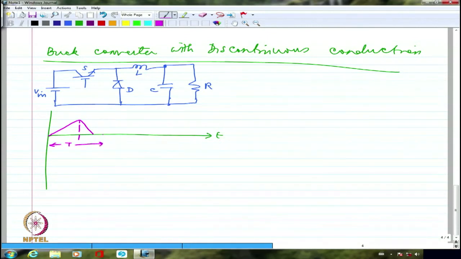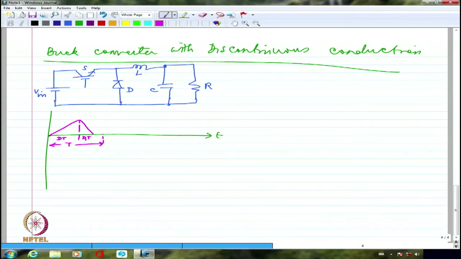So what I am having is, this is dT, this is d1 times T, which is not 1 minus d. d1 is less than 1 minus d. So I am not going to really have the inductance continue to conduct for the entire duration because the energy is not sufficient enough. Only this much is going to be my d1T.